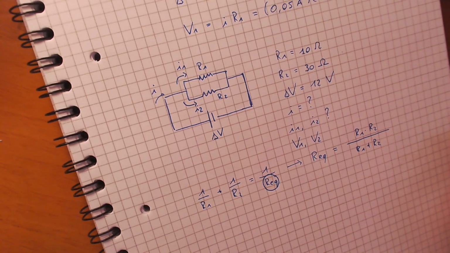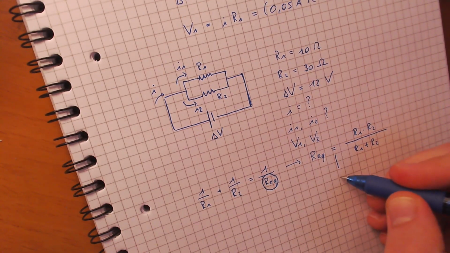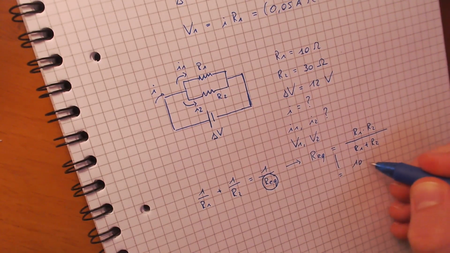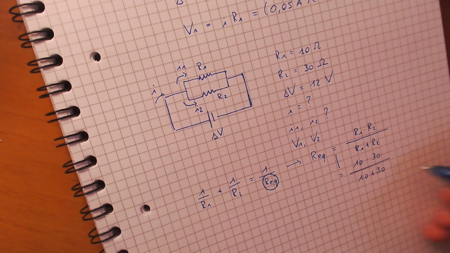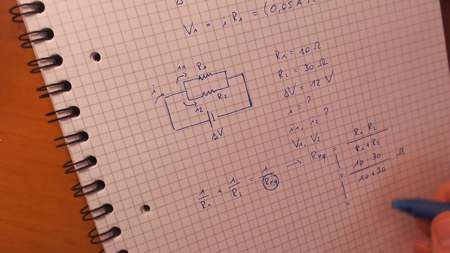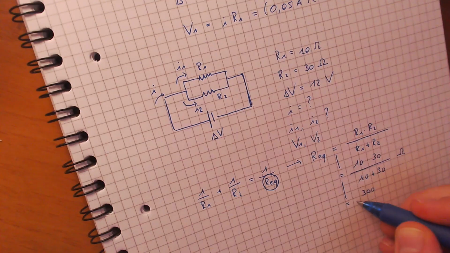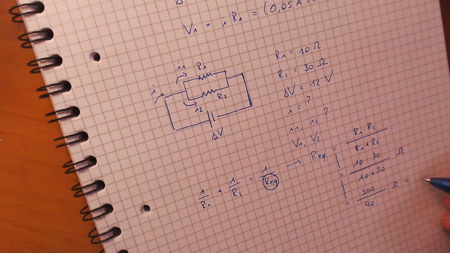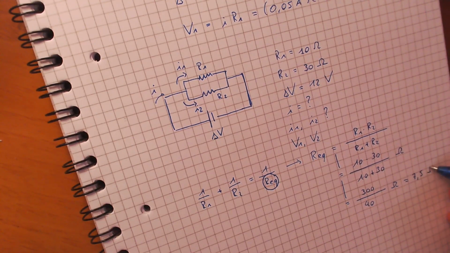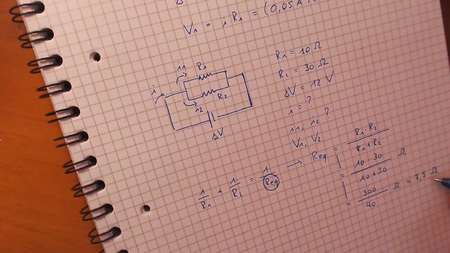Okay, so in this case we would get R1 was 10 times R2, which is 30, over 10 plus 30 ohm, 7.5 ohm, and this is the equivalent resistance, the equivalent resistor.